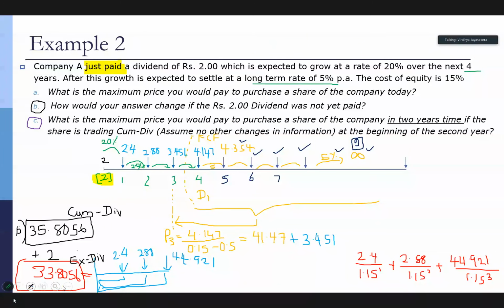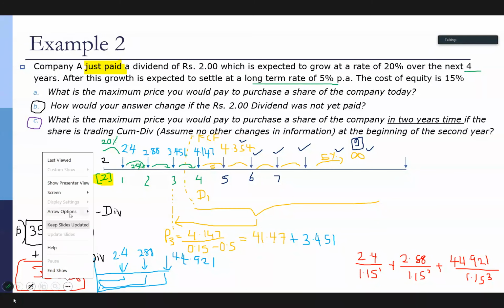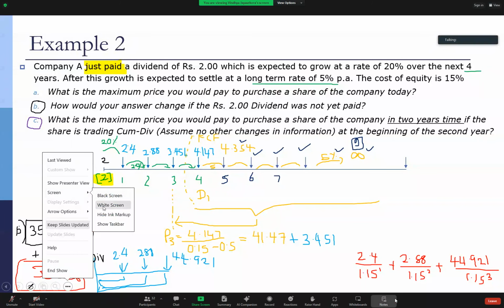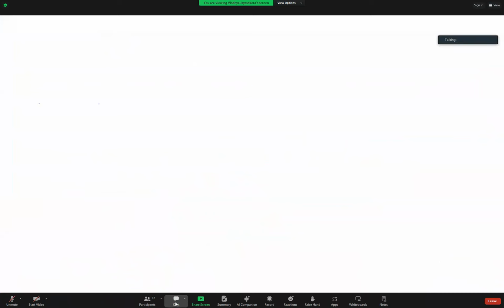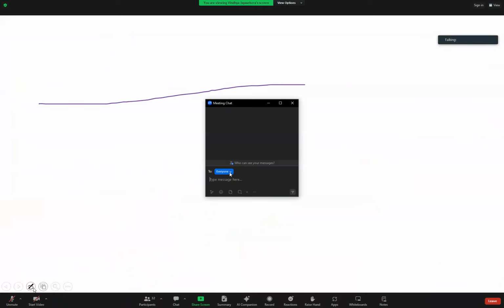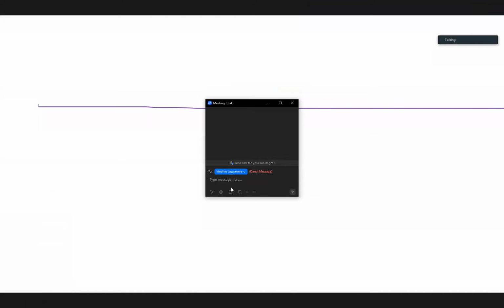Because there's not a lot of space here, let's go to a new page. Ravindu, yes, same answer.